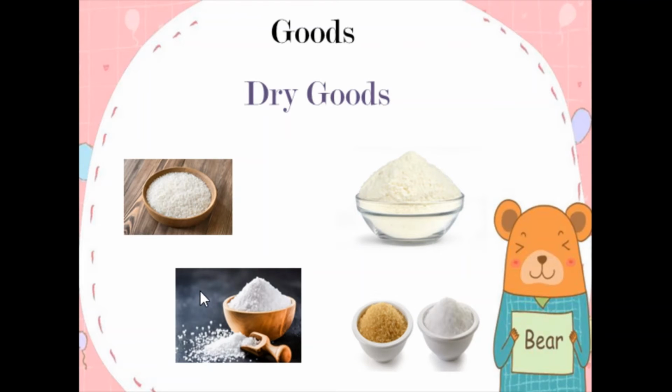There are a lot out there that we consider as dry goods. Can you name some? You can write it in your notebook if you know some other dry goods. Again, these are called dry goods because it's something that we can touch and feel with our bare hands.